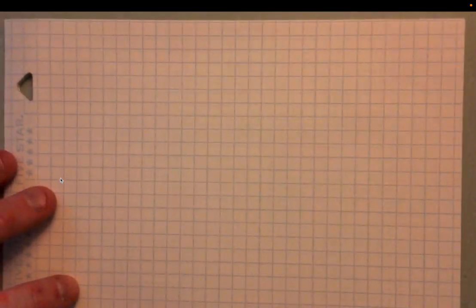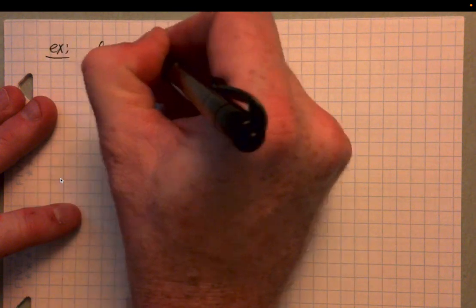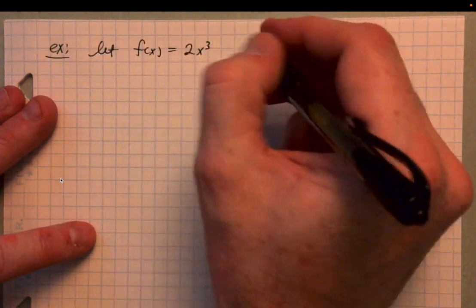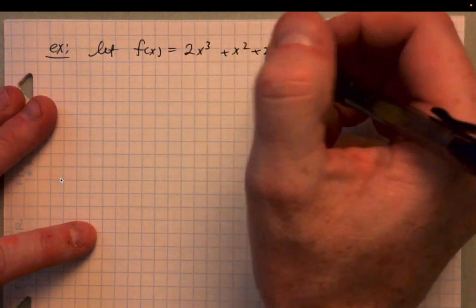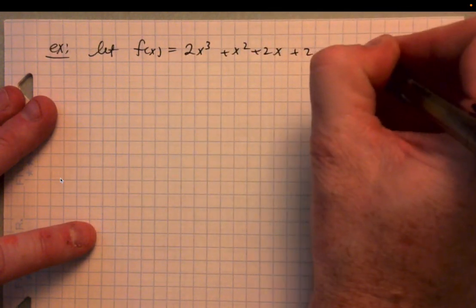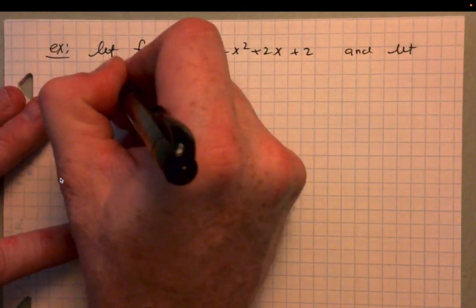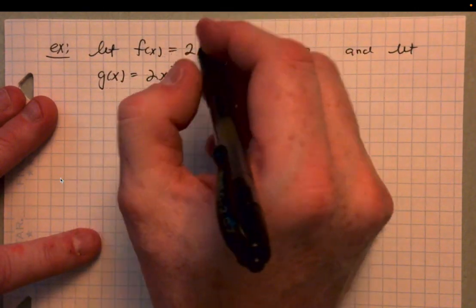Let's do an example here of how these operations, thought of in this way, work. So let f of x equal 2x cubed plus x squared plus 2x plus 2, and let g of x equal 2x squared plus 2x plus 1.